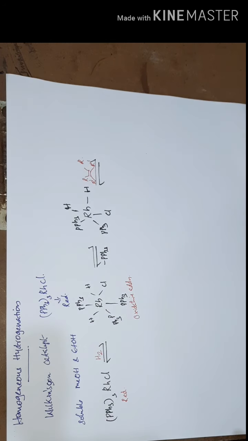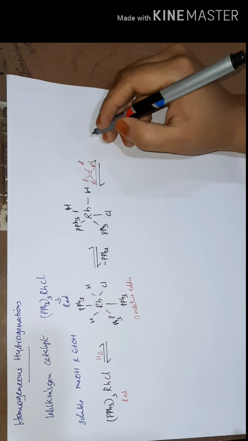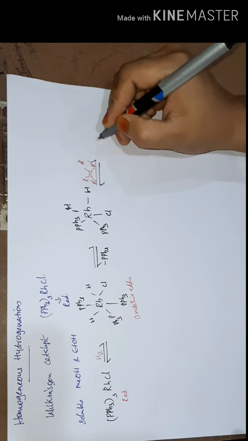This is our alkene molecule, and during the coordinative addition, the structure of the new molecule may be represented like this.